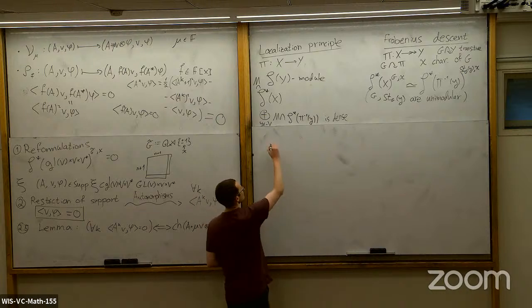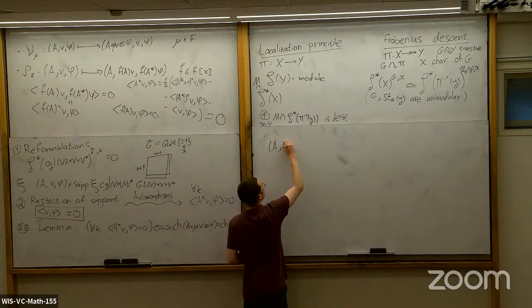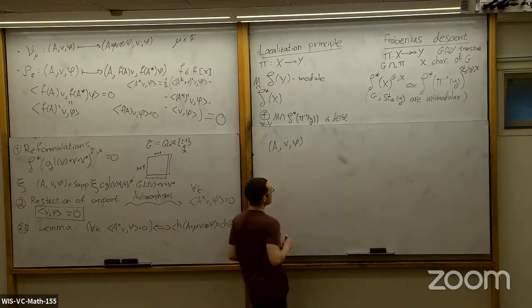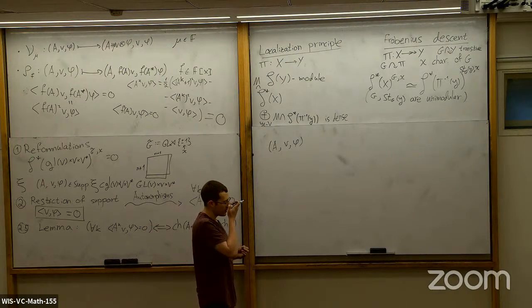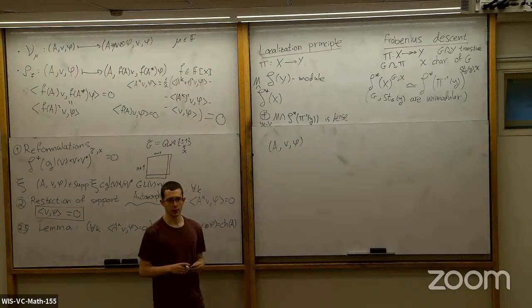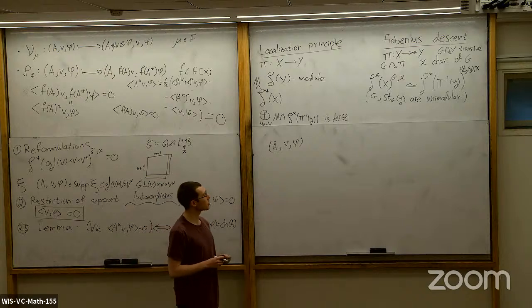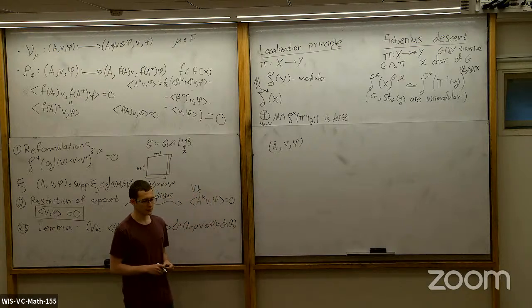What is the situation? We have, again, triples A, V, and phi. But now A is with a specific characteristic polynomial. And this space in which A lives is a space with finitely many G orbits. So G tilde orbits is the same.